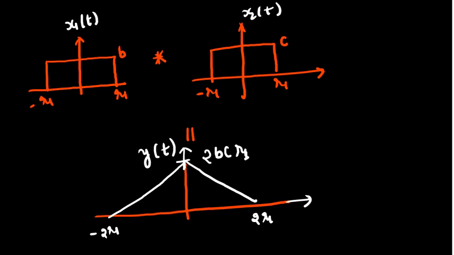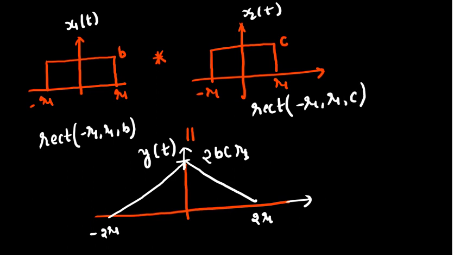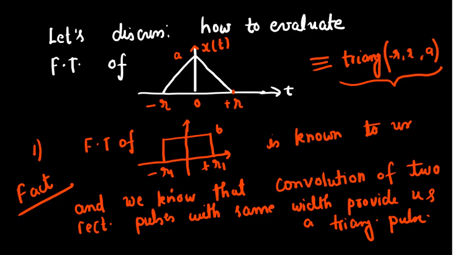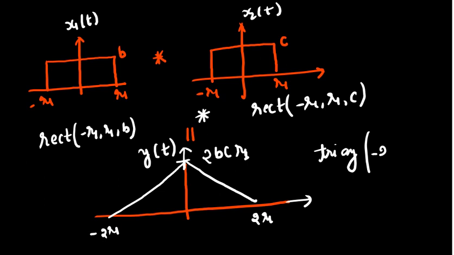If I represent this rectangular signal like this, minus R1 comma R1 at B, and this rectangular signal as this, the convolution of these two gives a triangular signal. So we know that the convolution of these two rectangular pulses is this triangular pulse.